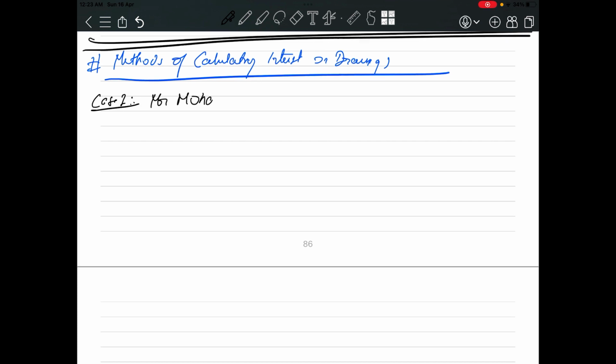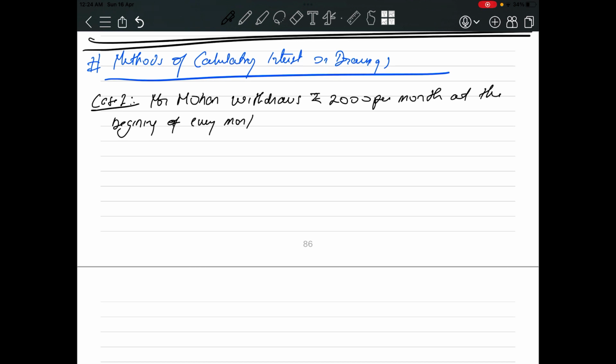Mr. Mohan withdraws rupees 2000 per month at the beginning of every month for the year ended December 31st 2015.